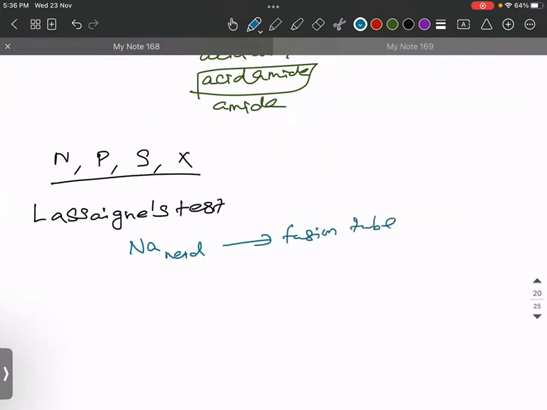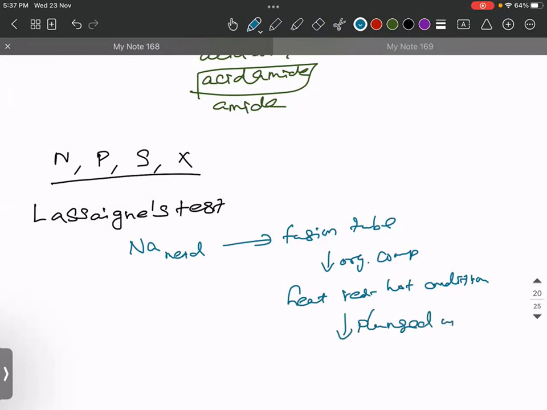Then you introduce the flame, the sodium metal will be activated, and then you put the organic compound. You have to heat to red hot condition. After heating, you plunge it into water.